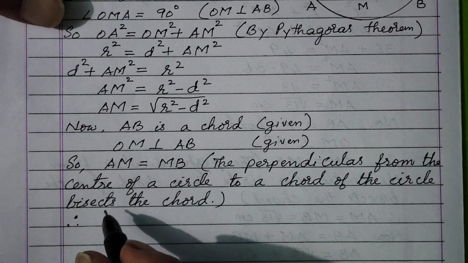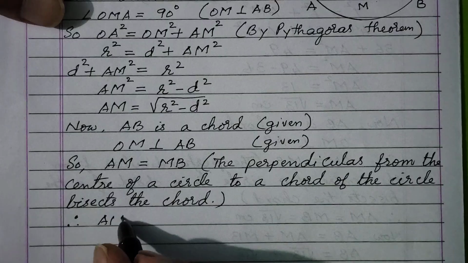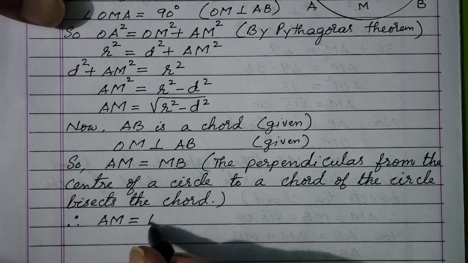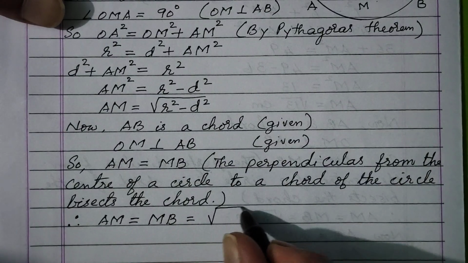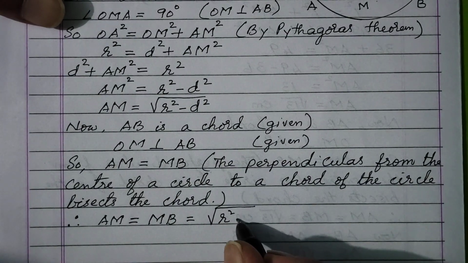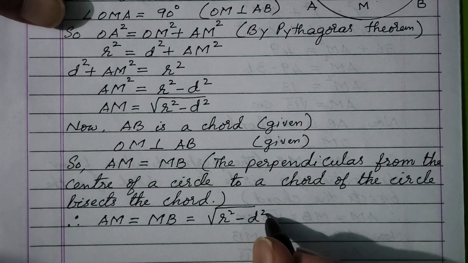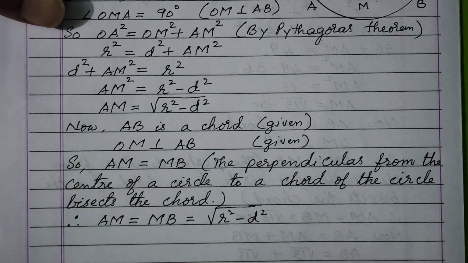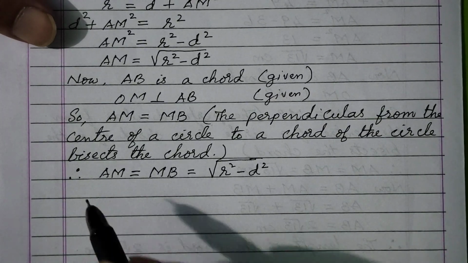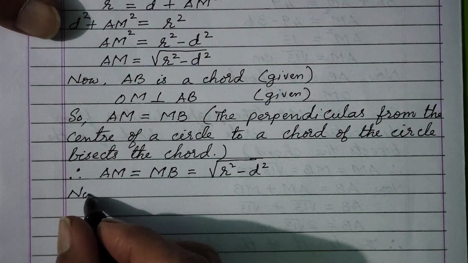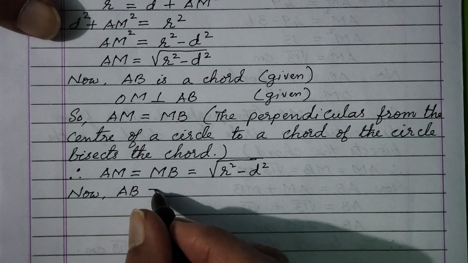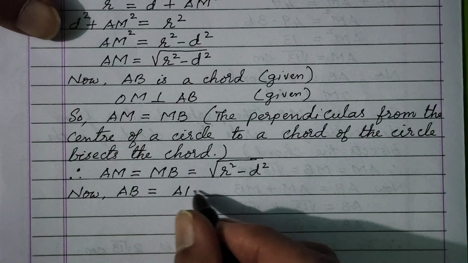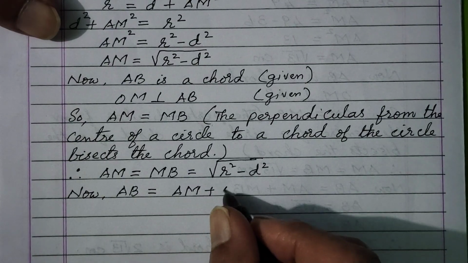Therefore, AM equal to MB will be equal to root of r square minus d square. Okay, now AB is equal to AM plus MB.